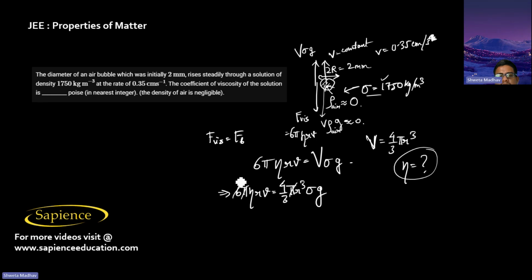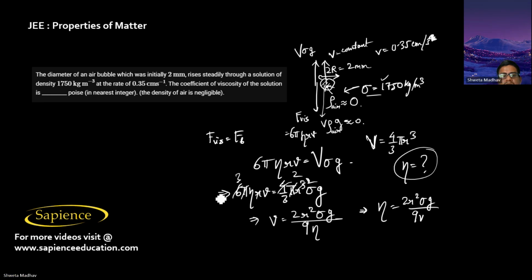Pi will cancel, 2 into 6, 2 into 4. So therefore r square will be there. So this will be 2r square sigma g by 9 eta, or eta will be 2r square sigma g by 9v.